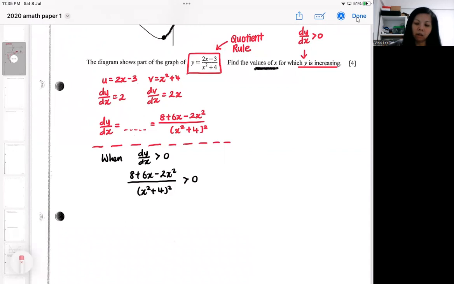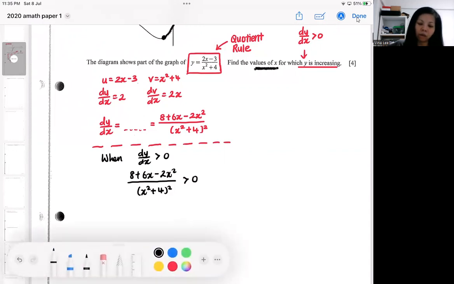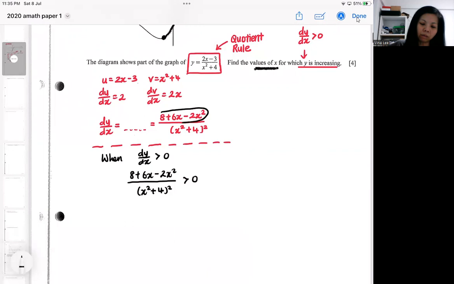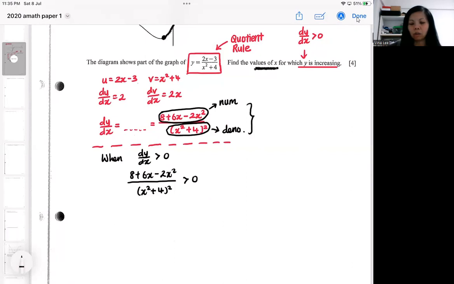You should be thinking of the fact that dy/dx comprises a numerator component and a denominator component. You think about a numerator divided by a denominator, and you would like the whole thing to be a positive value.